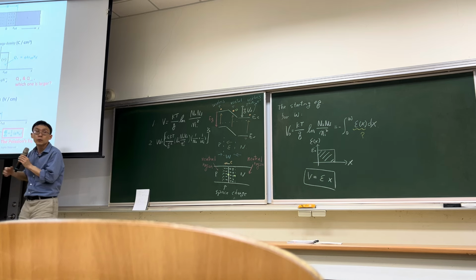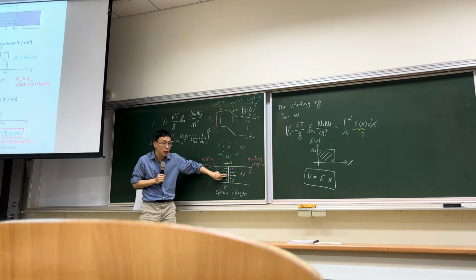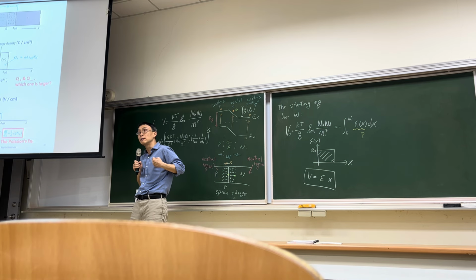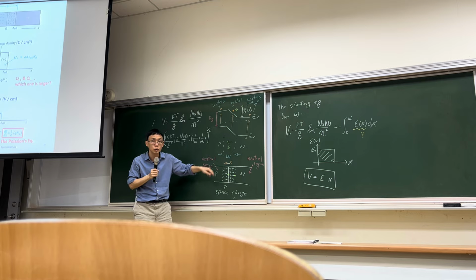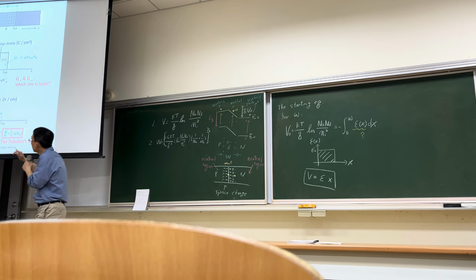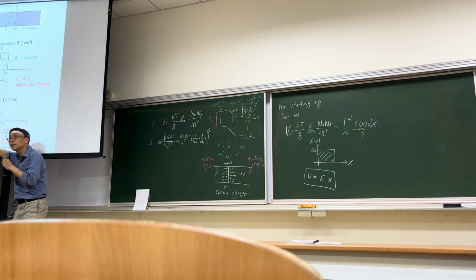Why? Because at the boundary here, you have one side pushing you away, the other side pulling you toward it, right? So this is the position where the electron or holes feel the maximum electrical field, right at the boundary of the p-n junction.